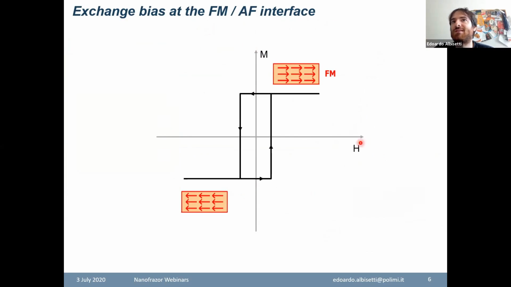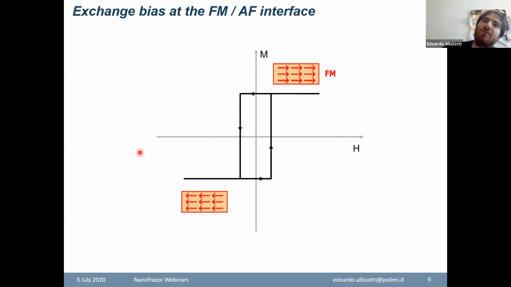So here we start with a simple ferromagnetic material. This is the hysteresis loop. So basically you have the direction of the magnetization as a function of the external field that you apply. And if you apply a high enough field, then you align all the spins in one direction.